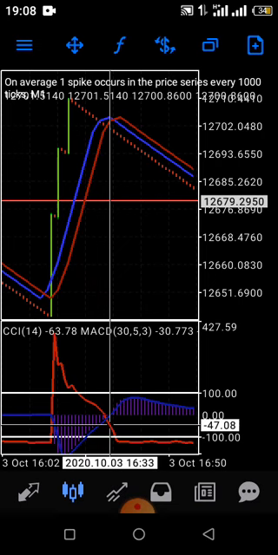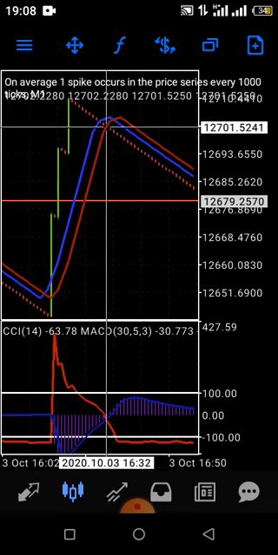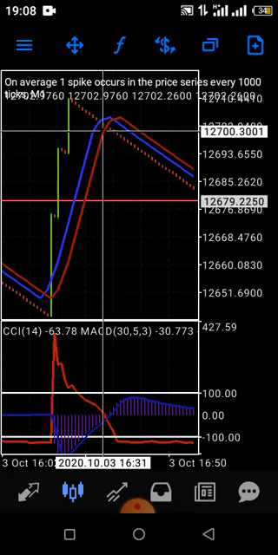So when they meet, you need to check if these two moving averages on the main chart have touched the candles.